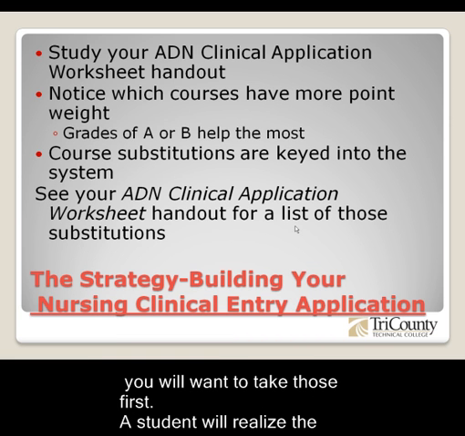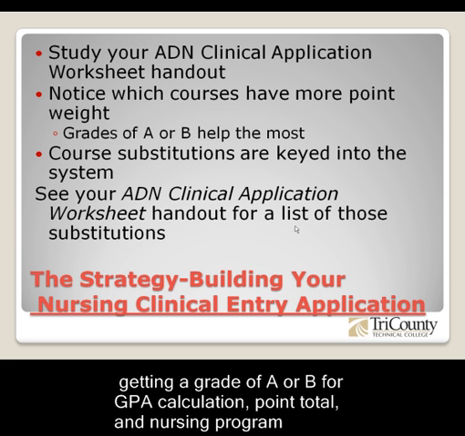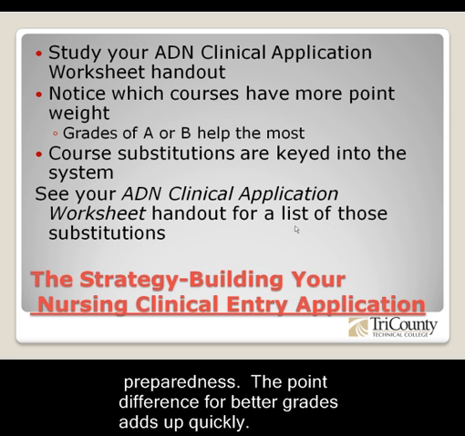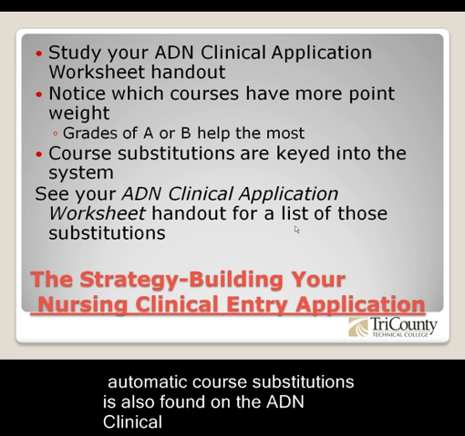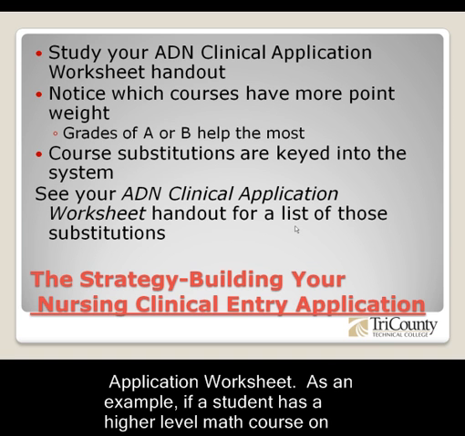A student will realize the importance of getting a grade of A or B for GPA calculation, point total, and nursing program preparedness. The point difference for better grades adds up quickly. The list of automatic course substitutions is also found on the ADN Clinical Application Worksheet.